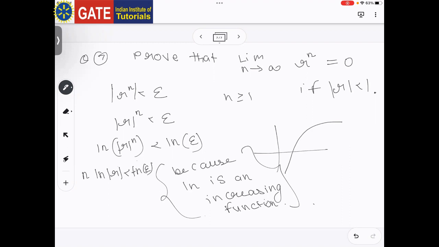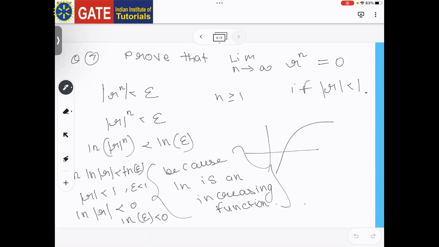Now we have to be careful about this, because modulus of r is lesser than 1. Then ln of modulus of r is negative, and epsilon is also lesser than 1, so ln epsilon will also be negative, lesser than 0. So both are going to be negative. Now what will you do?